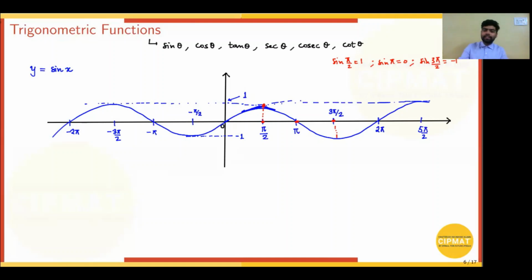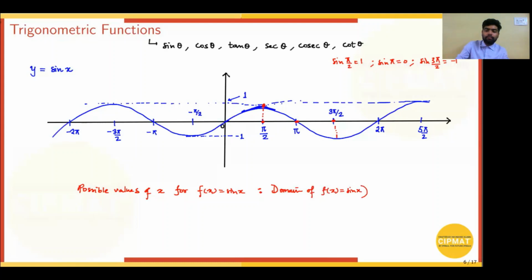Now, I can clearly see what the possible values of x are for the function f of x is equal to sine x. So basically what I'm talking about is the domain of f of x is equal to sine x.